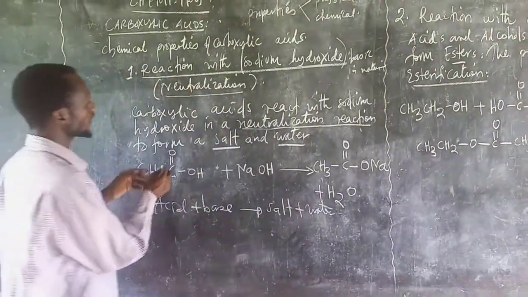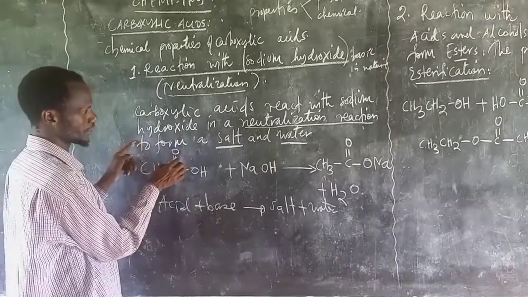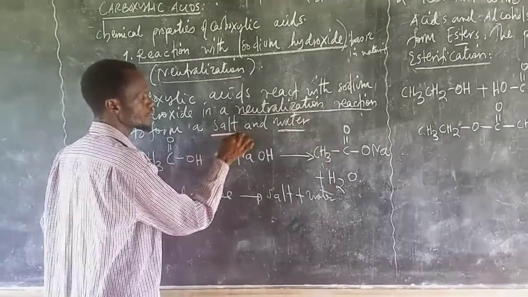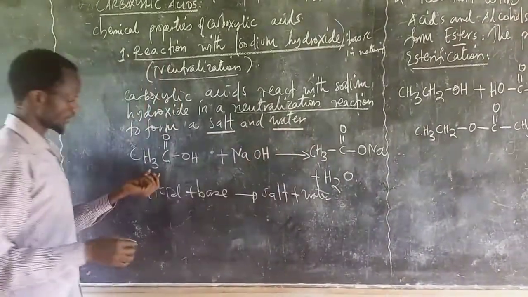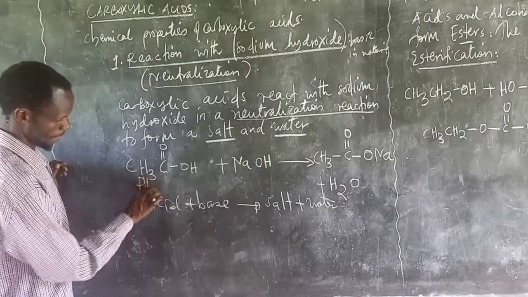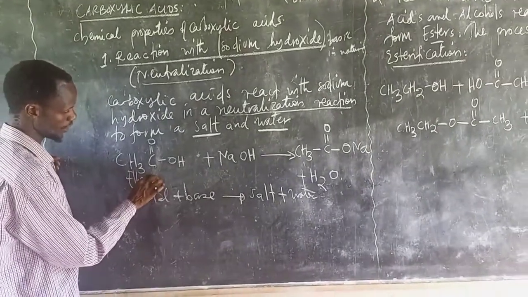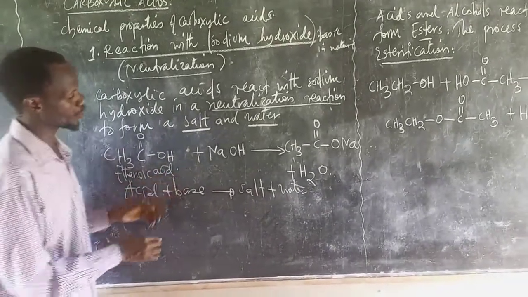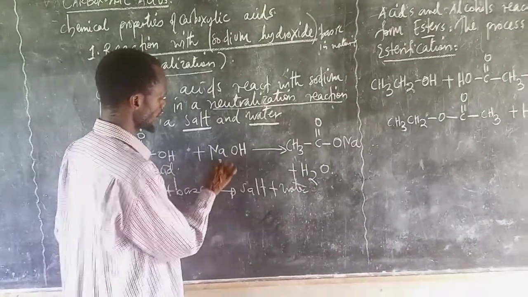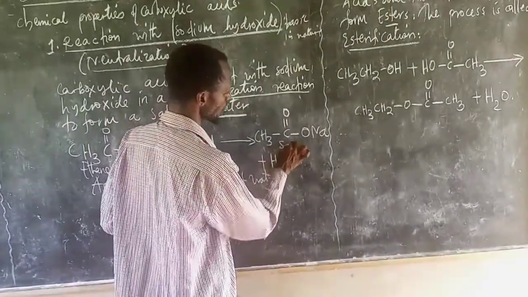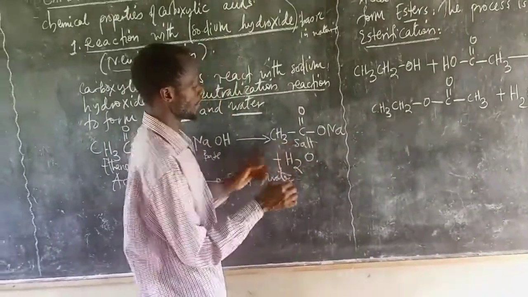Example, the reaction between sodium oxide and the carboxylic acid, the result is salt and water. As you may see here, this is ethanoic acid. When this ethanoic acid reacts with sodium oxide, this is base, they produce salt. That is sodium ethanoate.